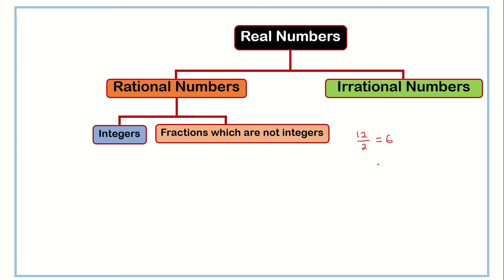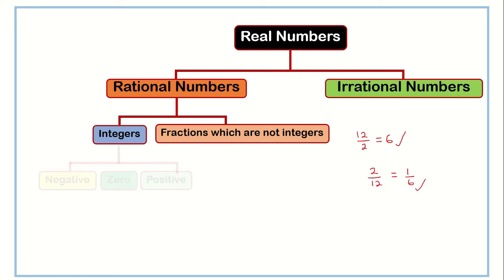But then, if you have 2 out of 12, this is also a fraction, but this fraction gives us 1 out of 6. Then this one is not an integer. So we say that this fraction is an integer, but this fraction is not an integer.